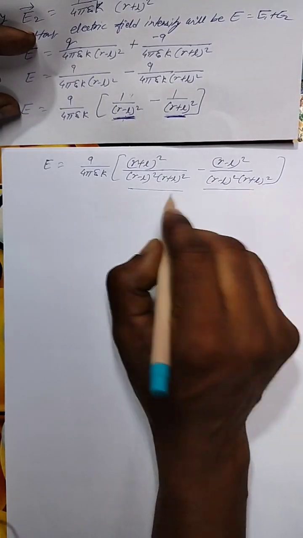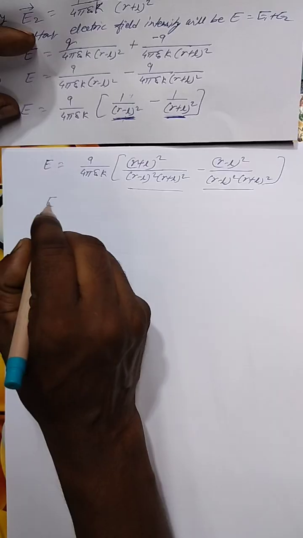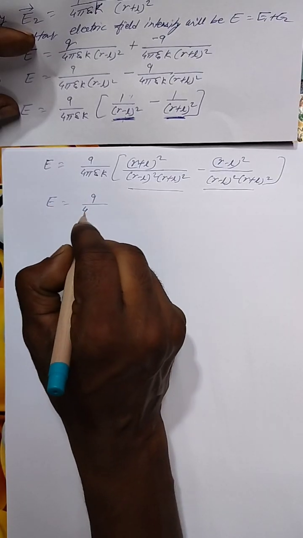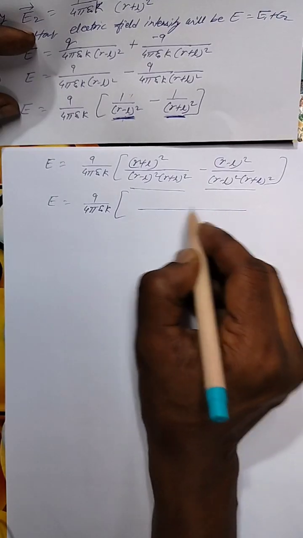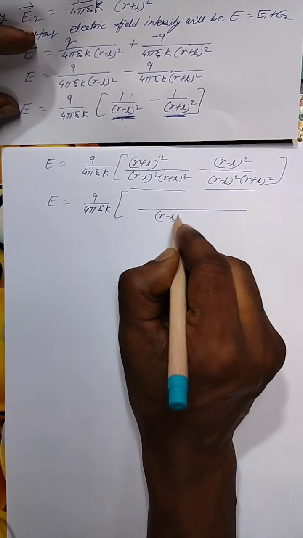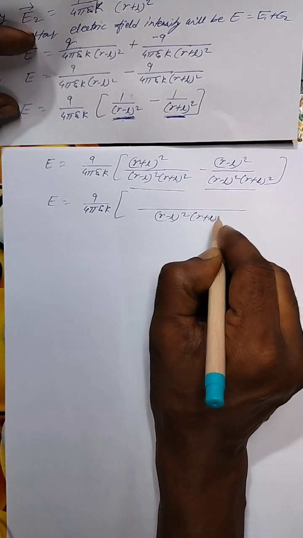Okay, look, both denominators are the same, so we can put 4 pi epsilon 0 K (r minus L) square (r plus L) whole square.